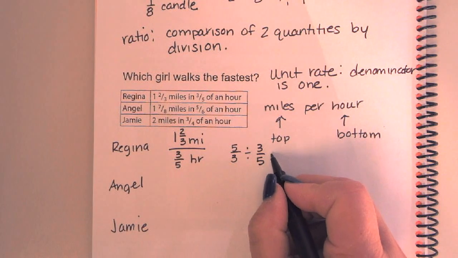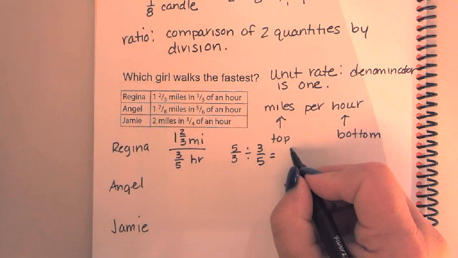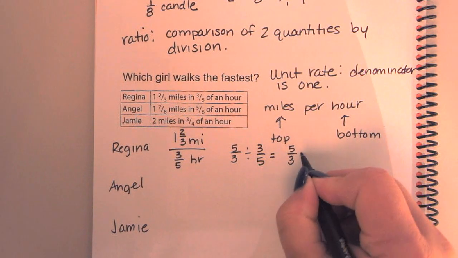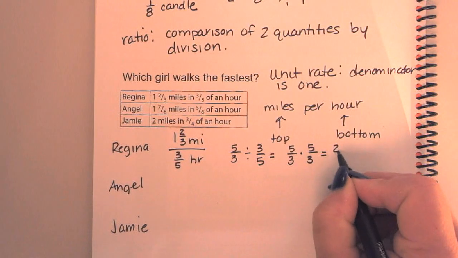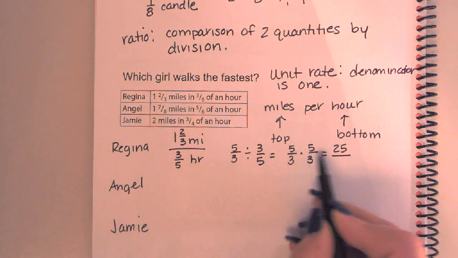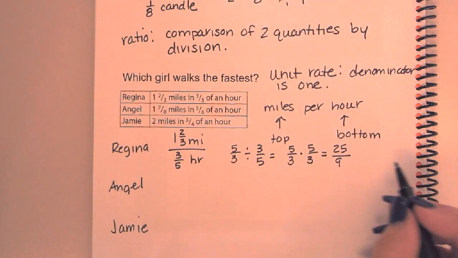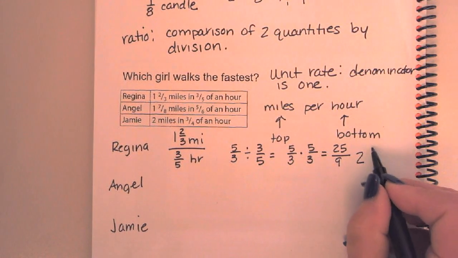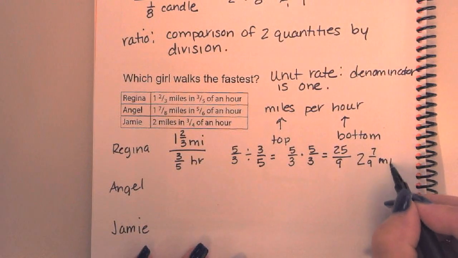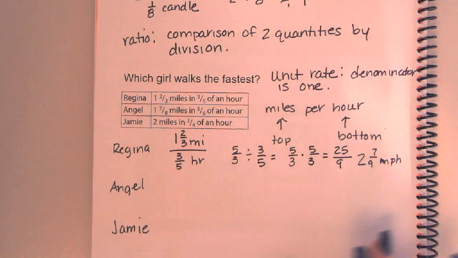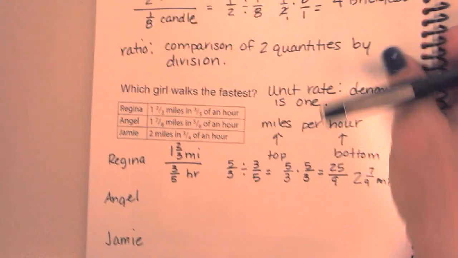I'm going to multiply by its reciprocal. 5/3 times 5/3. There's nothing to cross cancel, so I'm going to multiply across the top and bottom. And I get 25 over 9. 9 goes in 2 times, 7 left over. And you can abbreviate miles per hour as MPH. You'll probably see that on car commercials, miles per hour.